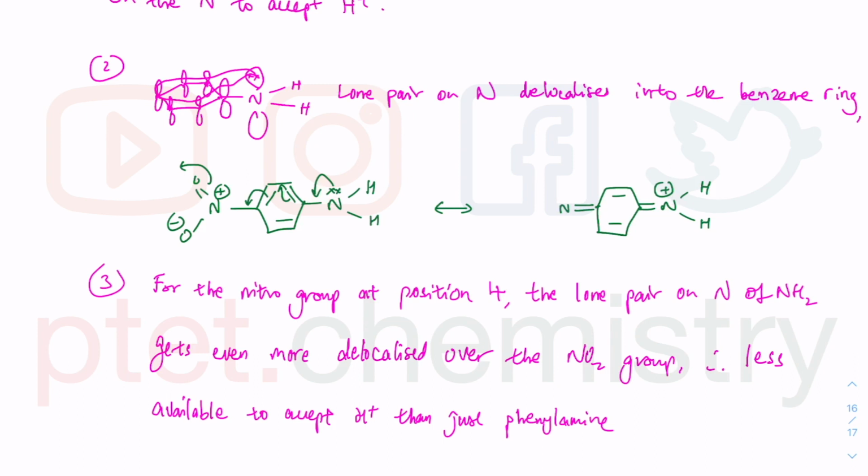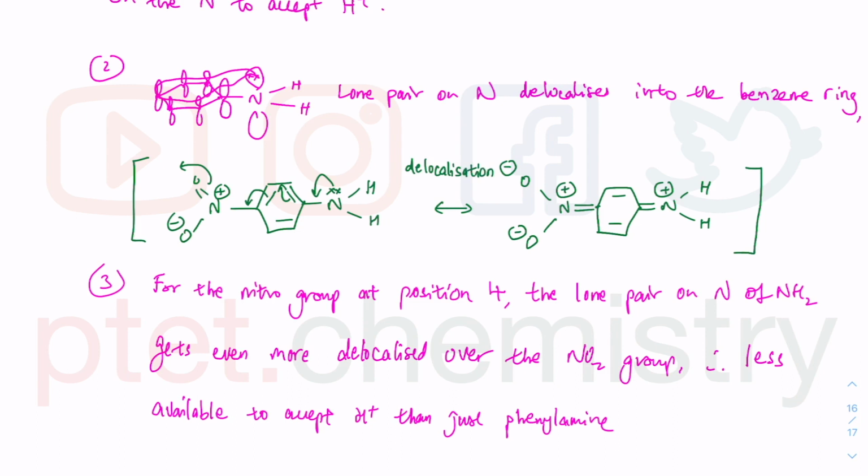Obviously we don't like to destroy our aromaticity, meaning we don't like to have the benzene ring not being a benzene ring. Overall, the +1 cancels the -1, the +1 cancels the -1 charge. This is what you call resonance stabilization. Resonance stabilization is basically delocalization.